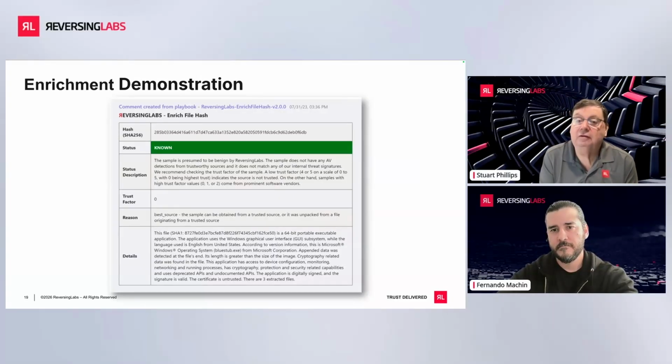But I'm going to look at this file and say, well, it came from Microsoft, and for that reason, I have reason to trust it. I will check to see if it's signed by Microsoft, if it's signed correctly. I have reason to believe that this is an okay file, and I will go ahead and mark this as good. What do you think, Fernando?